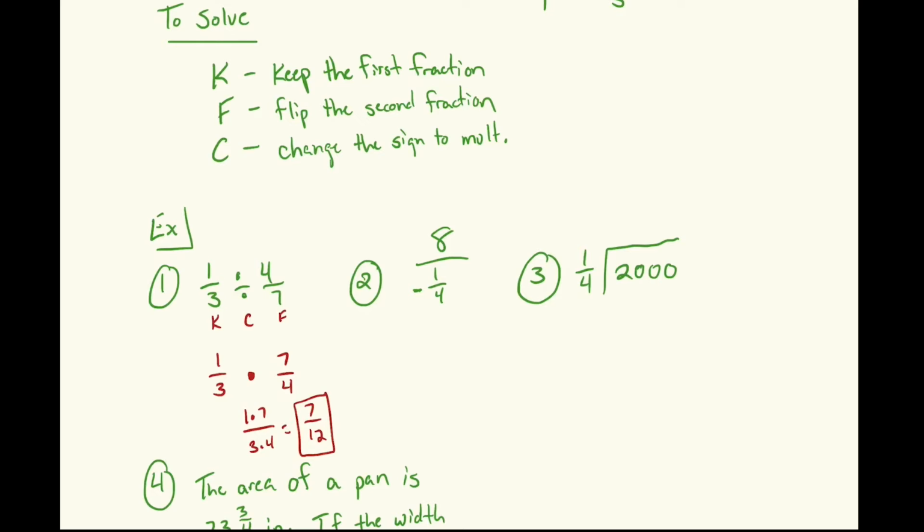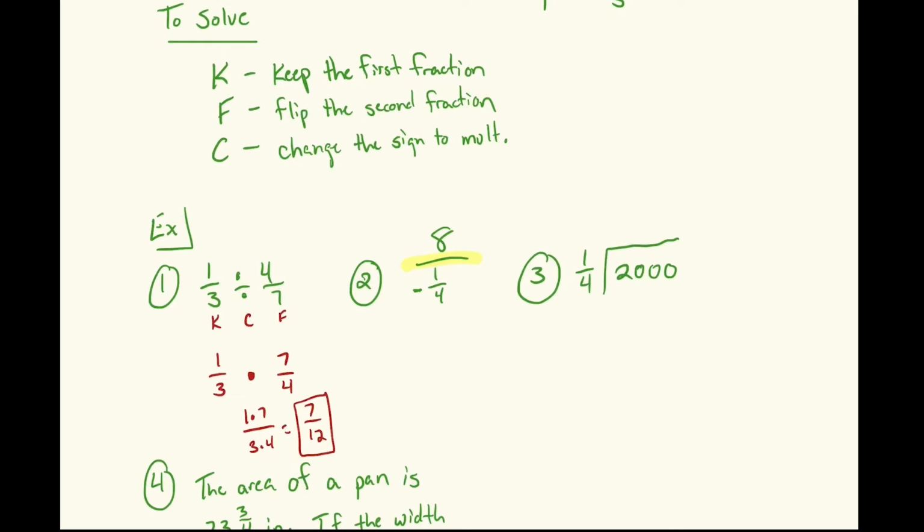But if we remember that this bar here, yes, it's a fraction bar, but it's also division. And so if we know that, this problem can be read as 8 divided by negative 1/4.